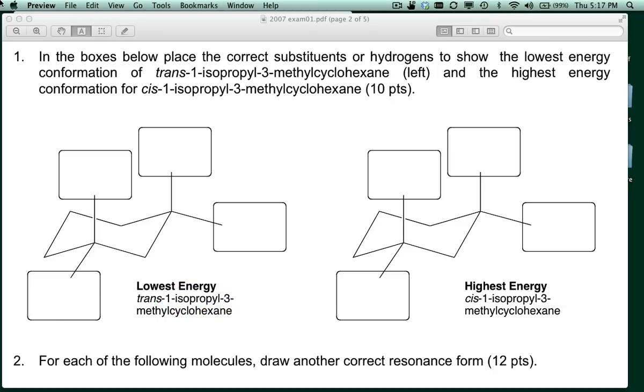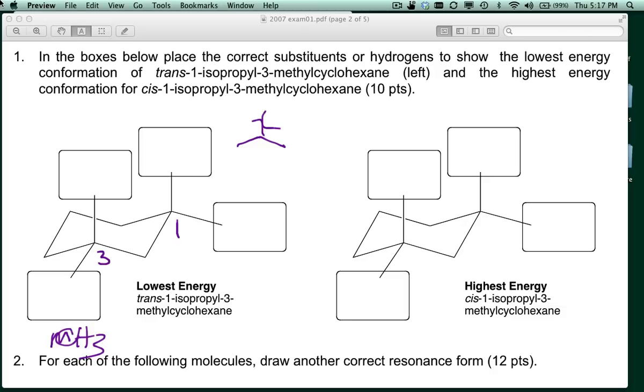So let's think about this. So if this is carbon 1 and this is carbon 3, let's put the groups in. We have to put a methyl group, CH3 group over here, and an isopropyl group, or a 1-methyl-ethyl over here somewhere. So up position, down position, where are they going to go?